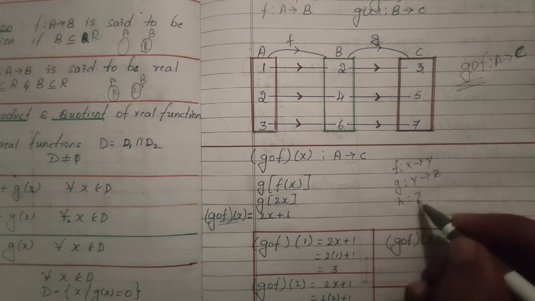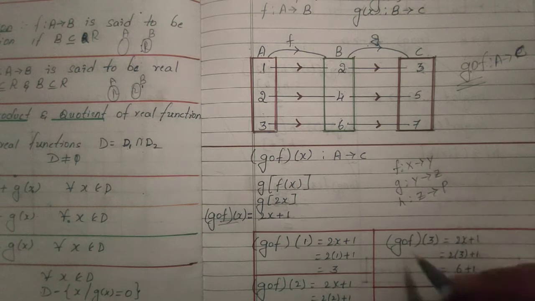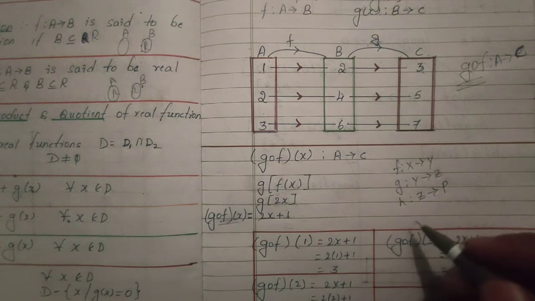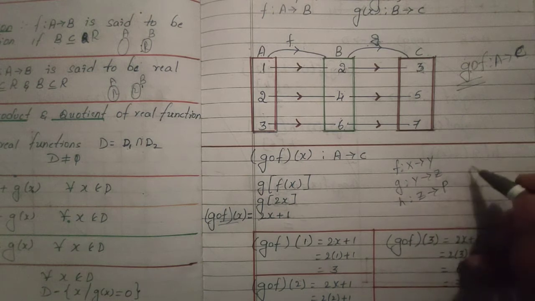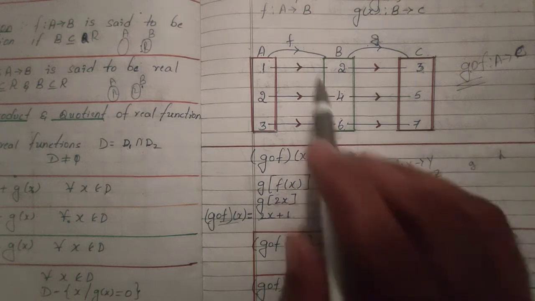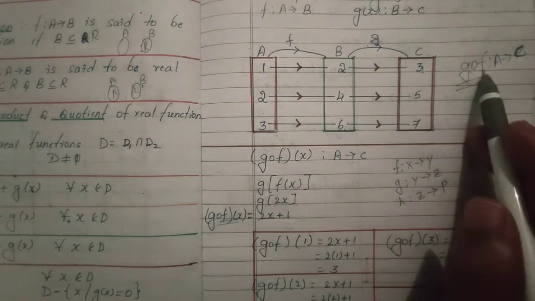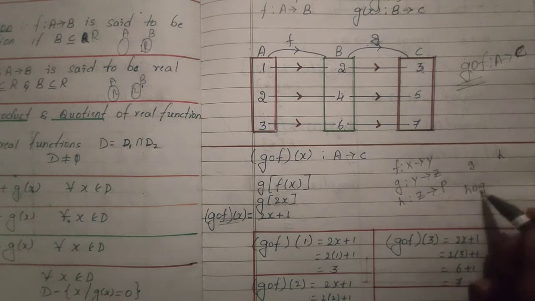H is another function, z to p. Suppose we are talking about g and h. We are combining these. When we combine f and g, we write GOF. When we combine g and h, we should write HOG.